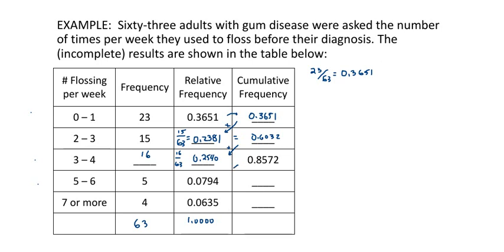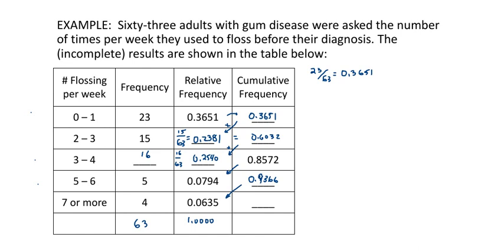So we're just going to keep on going now. Add the next number, add 0.0794, 0.9366. And then one more addition right here, plus 0.0635.